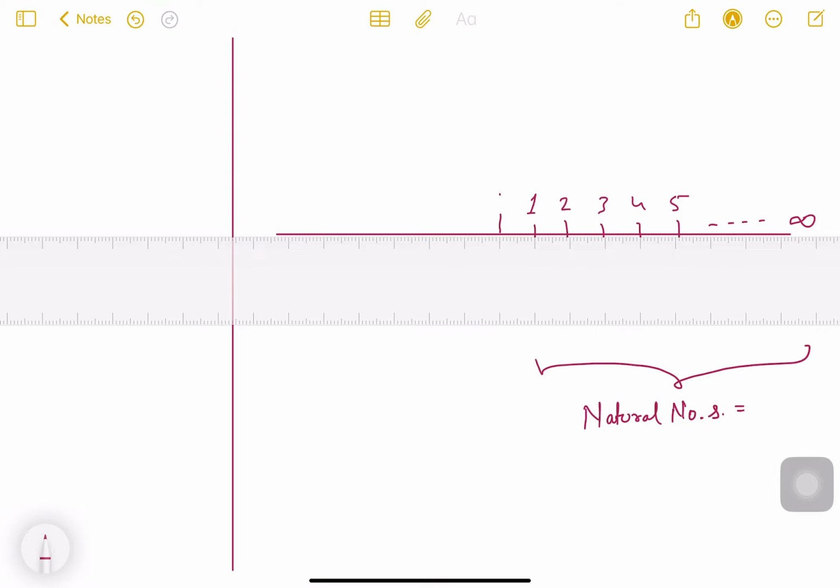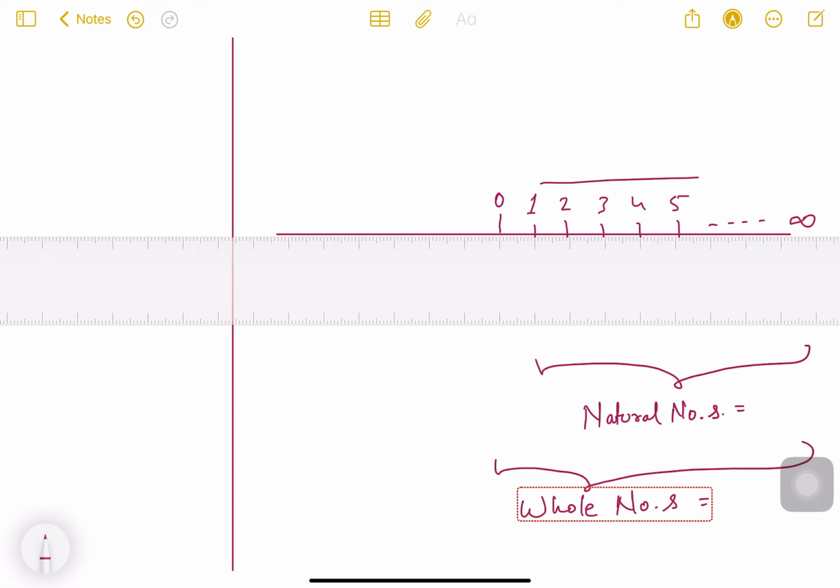Now, when we add a 0 here, we get our whole numbers. Now you might have heard the term integer. We call these positive integers. 0 is 0, and then we have negative numbers as well, -1, -2, -3, and so on till minus infinity.